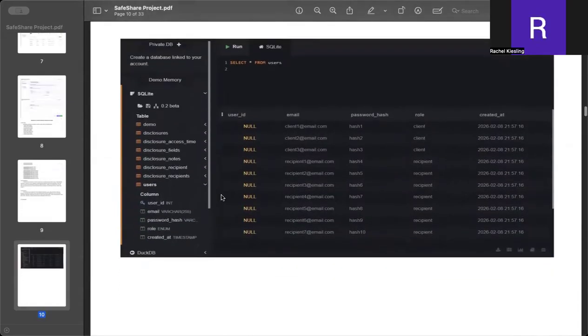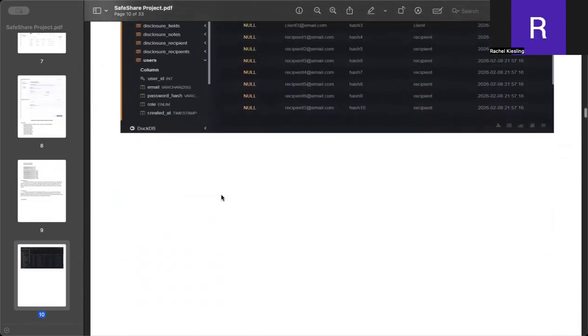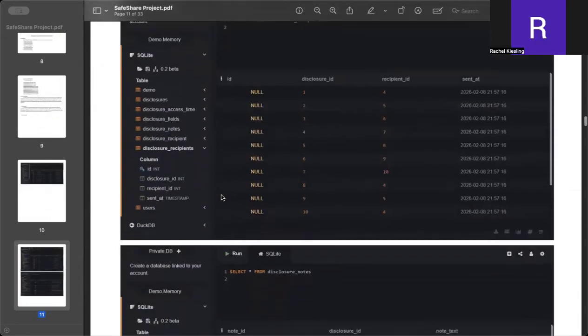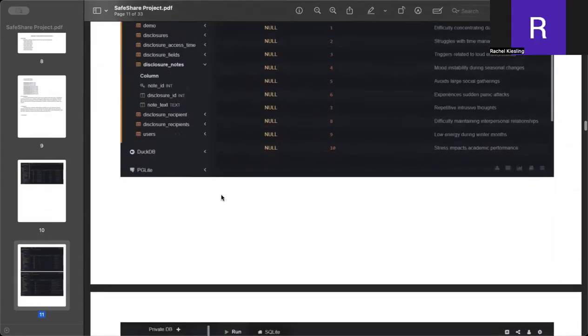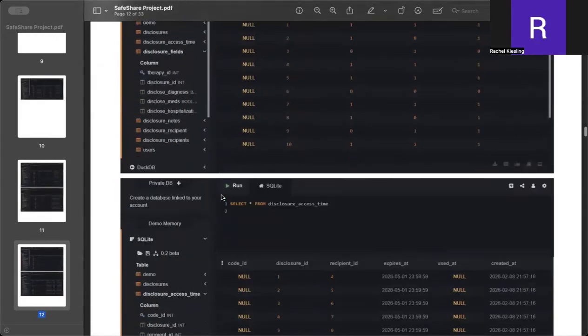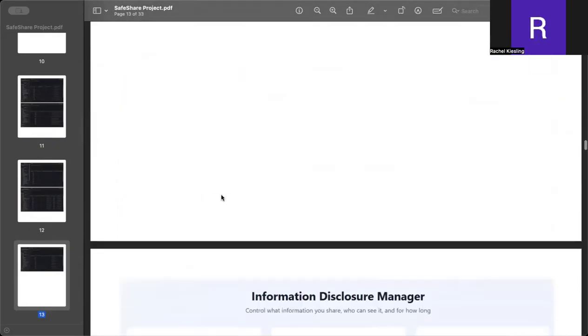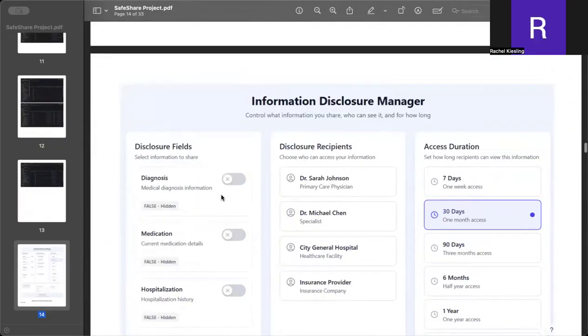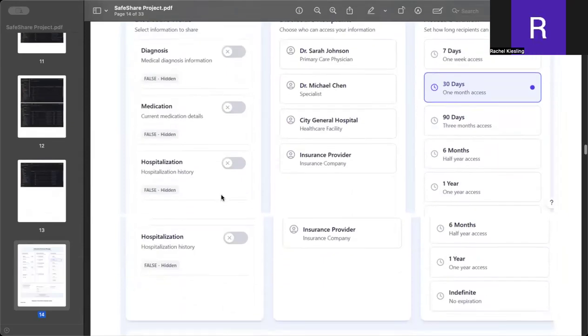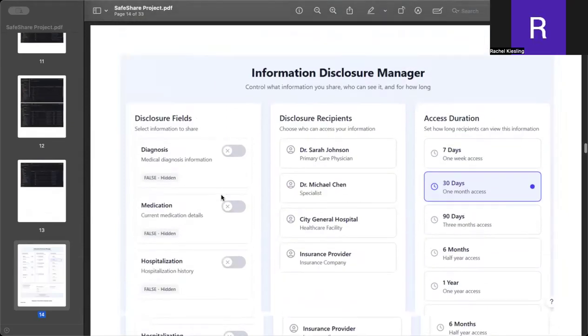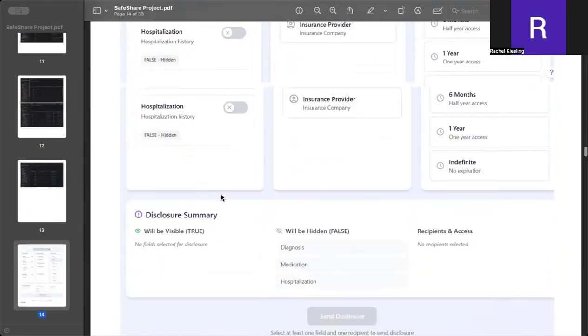And here are the database tables for his subsystem, and the user interface.